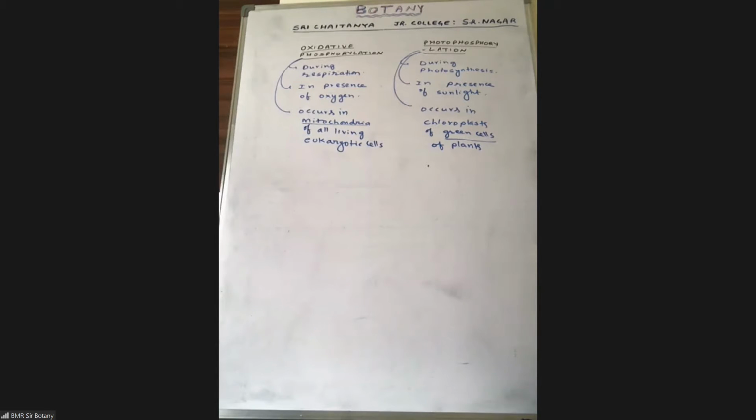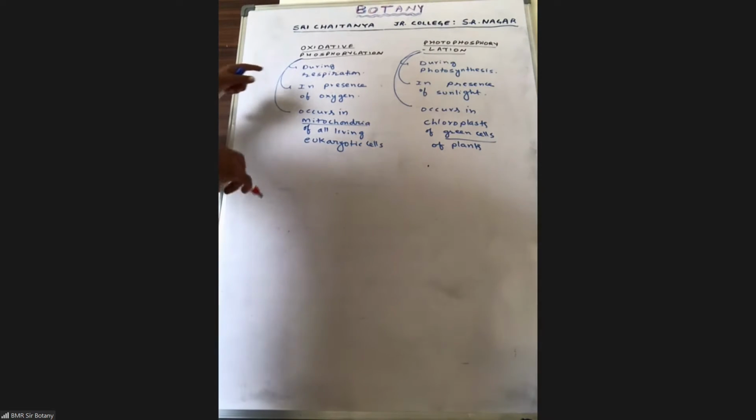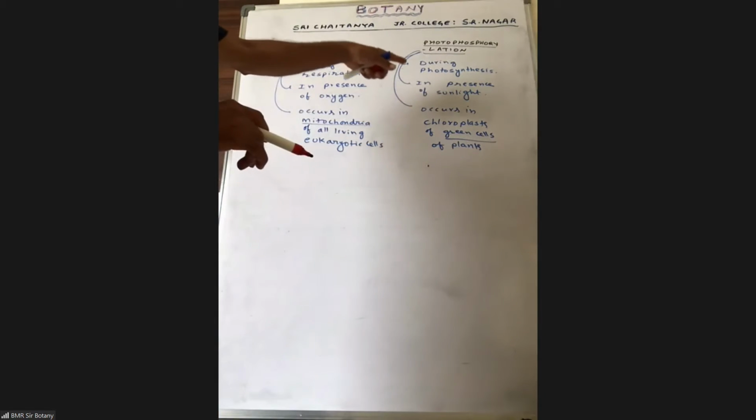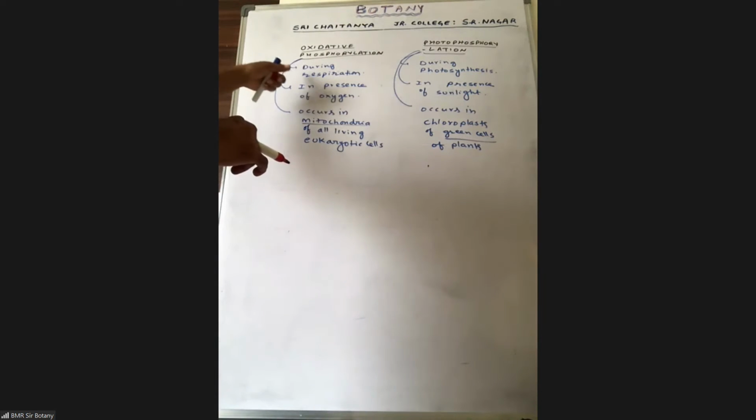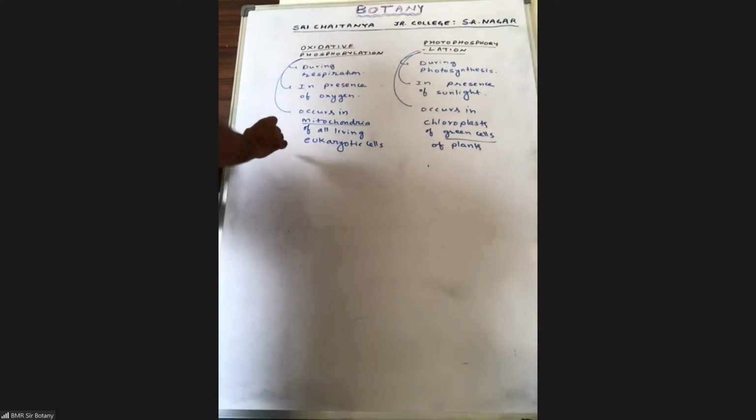And both are associated with ATP synthesis. So, oxidative in presence of oxygen, photo in presence of sunlight. This is during respiratory ETS, that is during photosynthetic ETS.